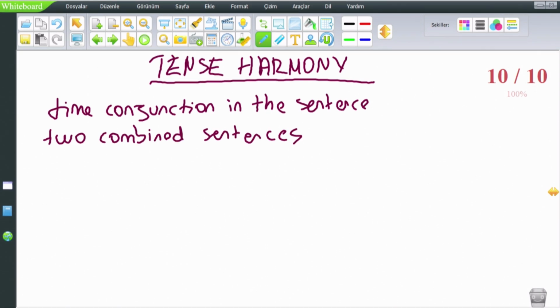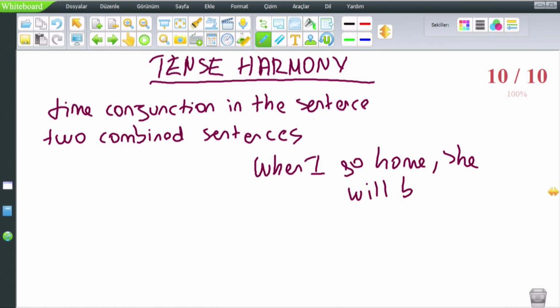For example, let's say, when I go home, she will be there. The time conjunction we have in the sentence is "when". It represents time. And as you can see, I actually have two full sentences. How can I understand that there are two full sentences, main clauses?